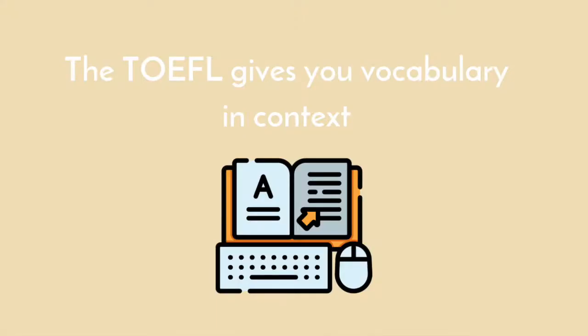But perhaps the biggest advantage in terms of formatting is not about how the question is set up, but how the word itself is presented. The TOEFL IBT provides all vocabulary words in context. You're not given a word on a screen and just asked simply for its meaning.